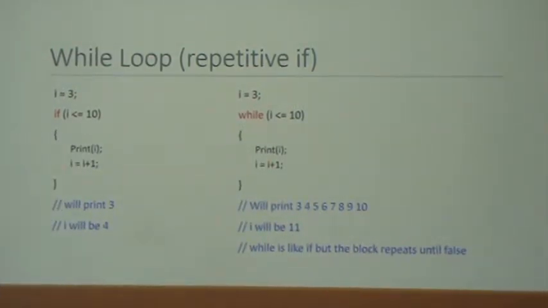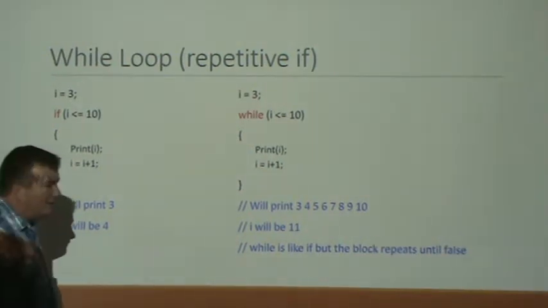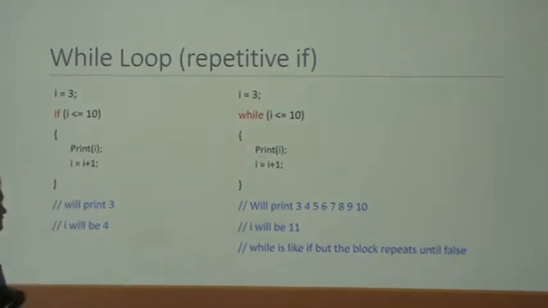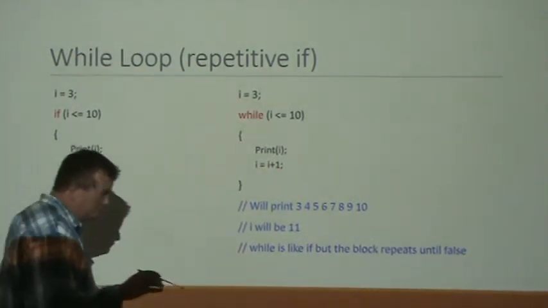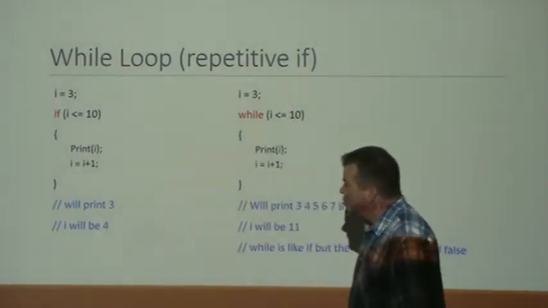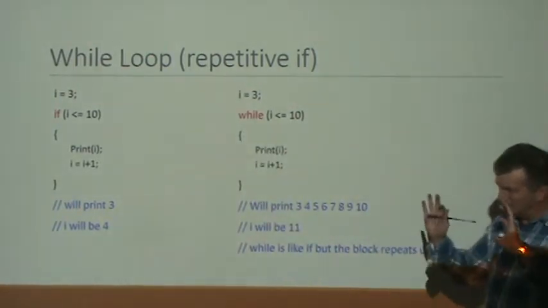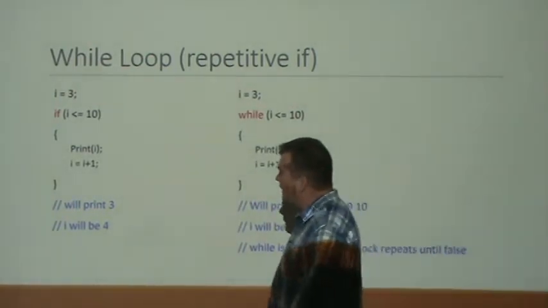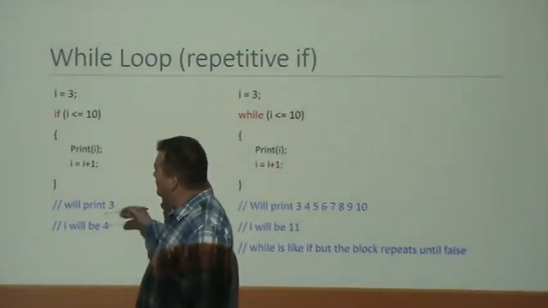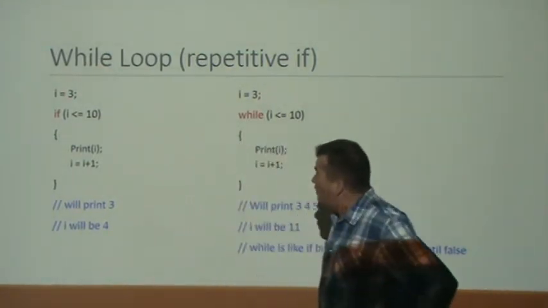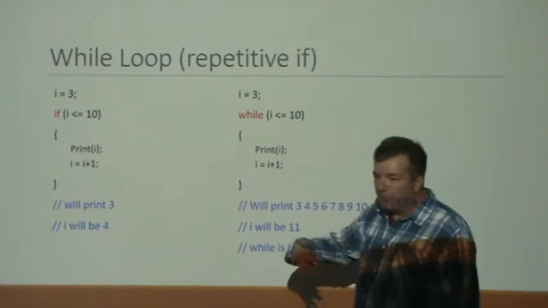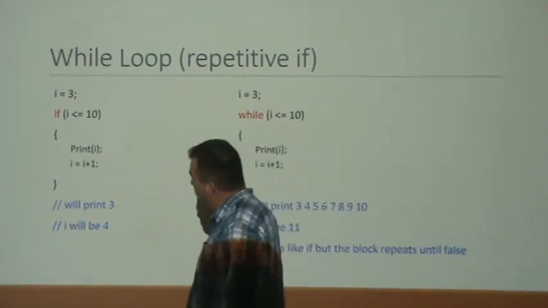Okay, so we have another type of loop called a while loop, which is actually very similar to the for loop. It gives a little bit more freedom to the programmer. So basically, a while loop is really a repetitive if statement.